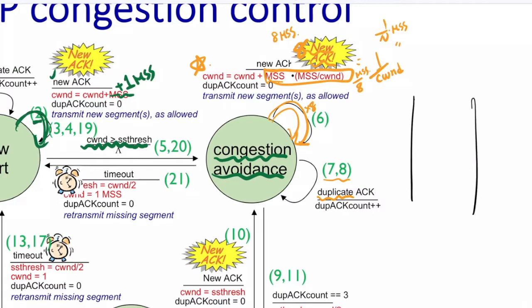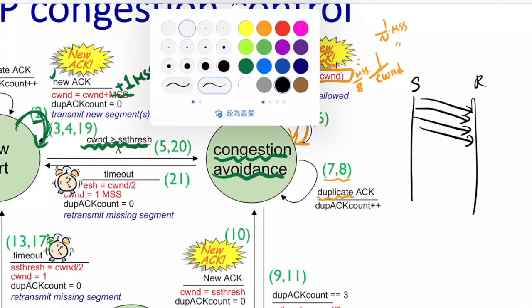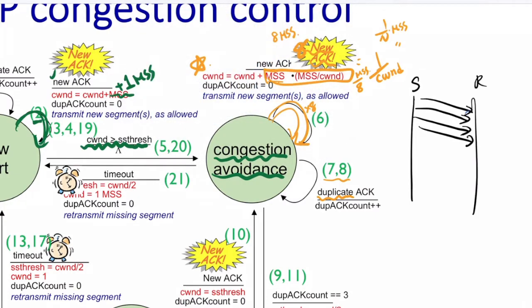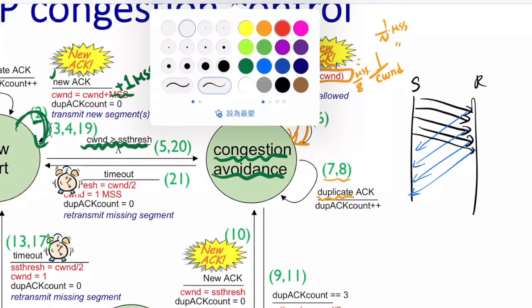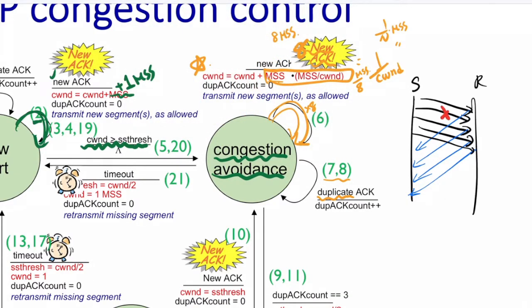For example, with a sender and receiver, there should be some packets going back, but maybe one of the packets is lost.